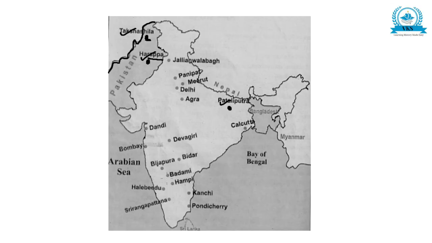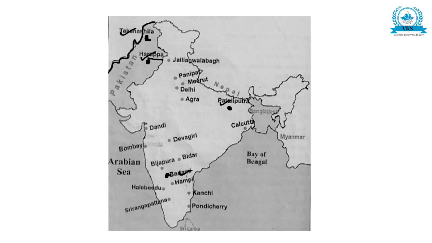The next place is Badami. You come to Karnataka and here you can see Badami. Badami is in Bagalkot district of Karnataka. Its early name was Vatapi and it was a capital of Chalukyas. It is famous for rock cut temples.